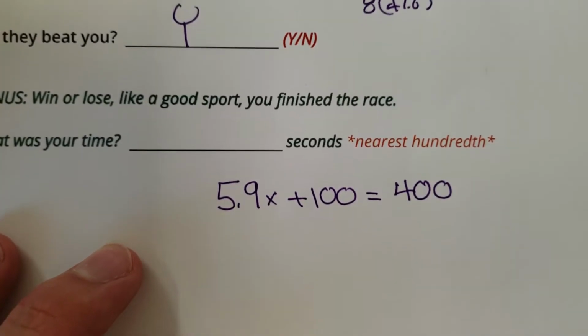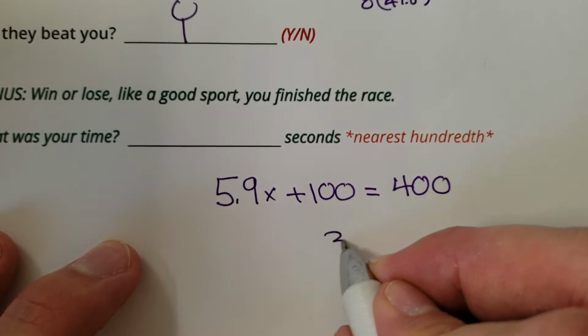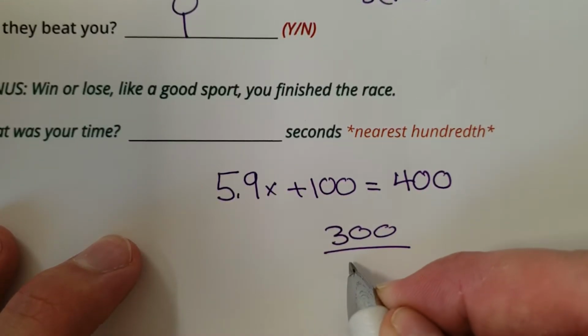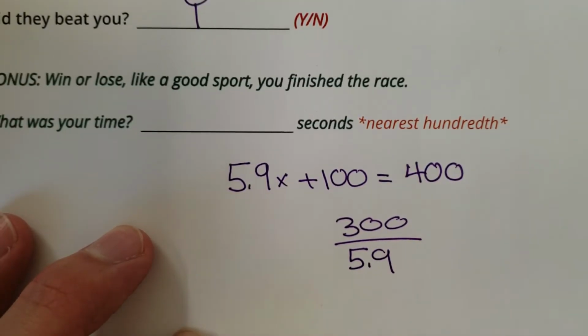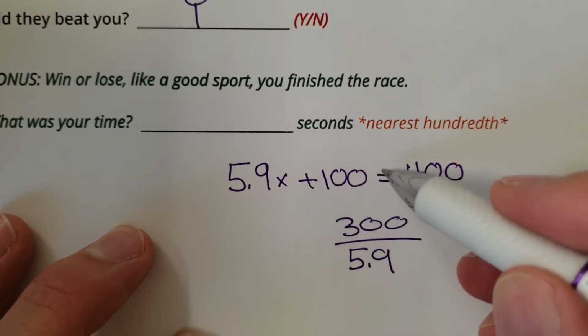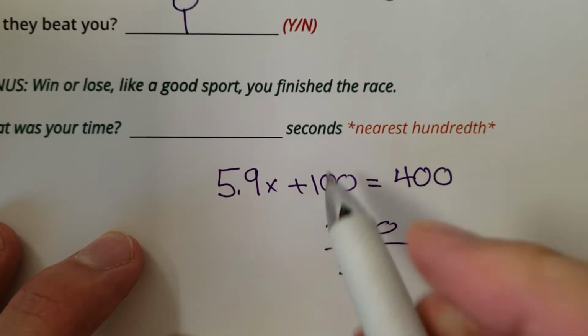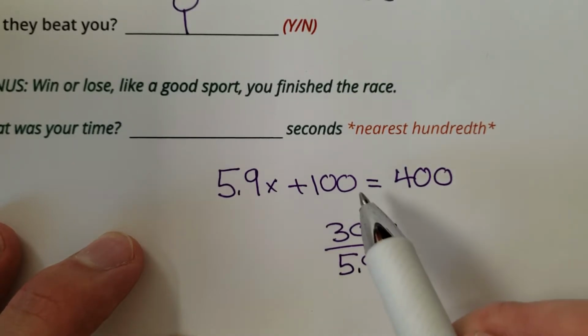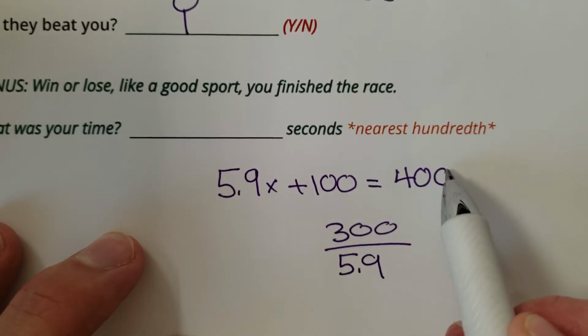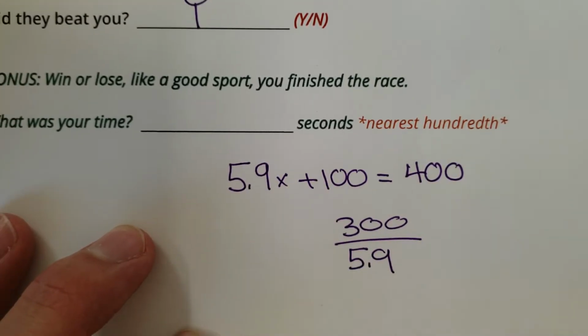Quick mental math, you have 300 meters to run at 5.9 meters a second.